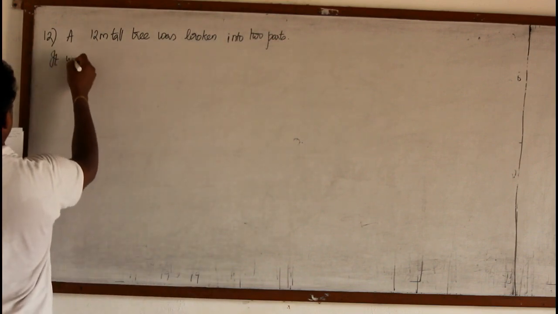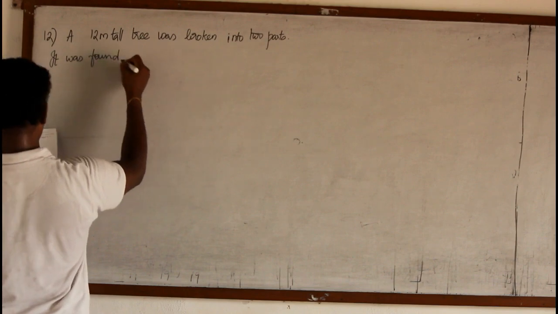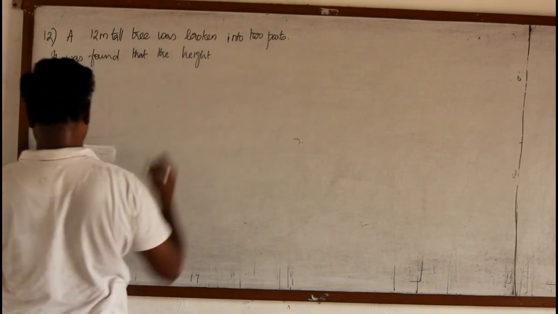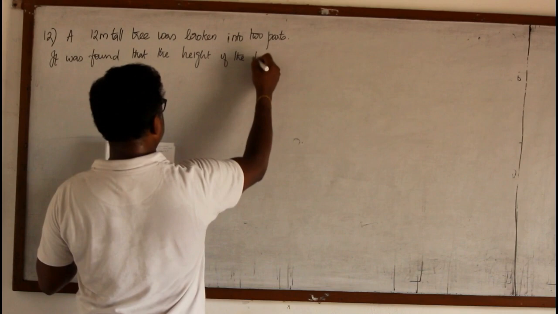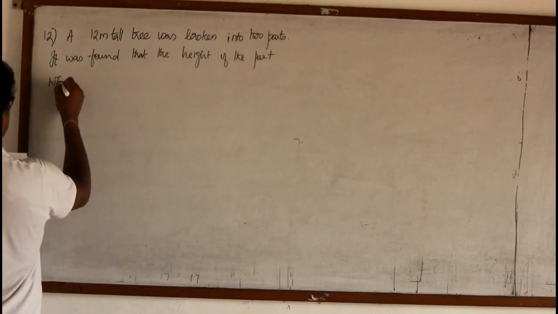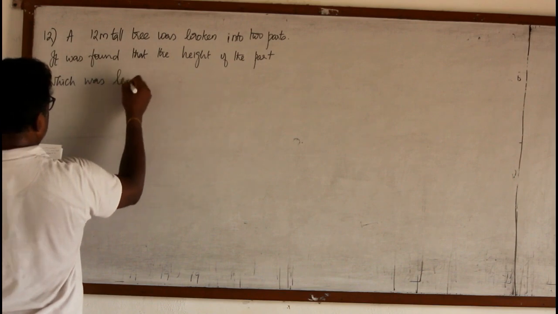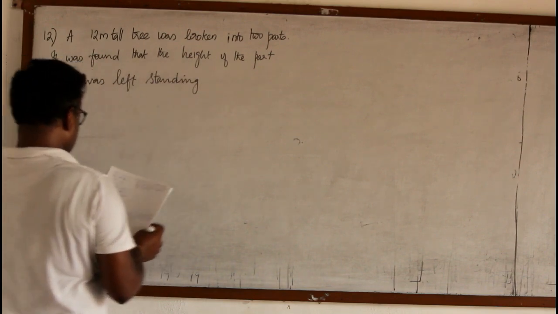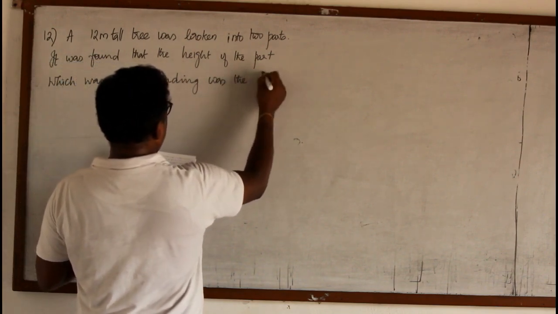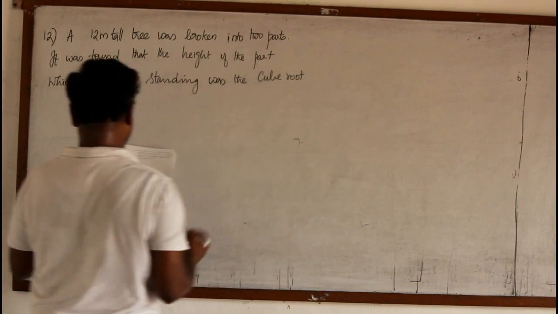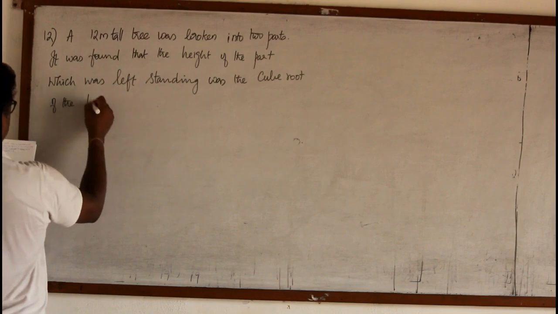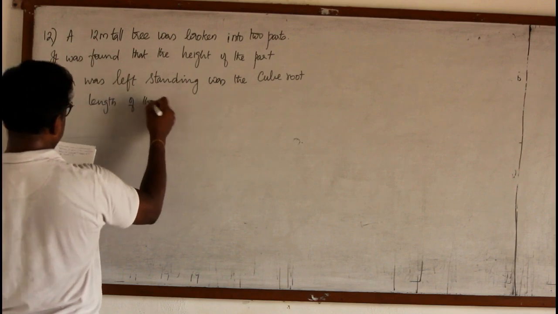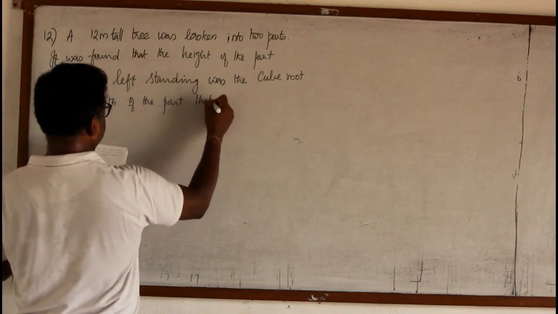It was found that the height of the part which was left standing was the cube root of the length of the part that was cut away.